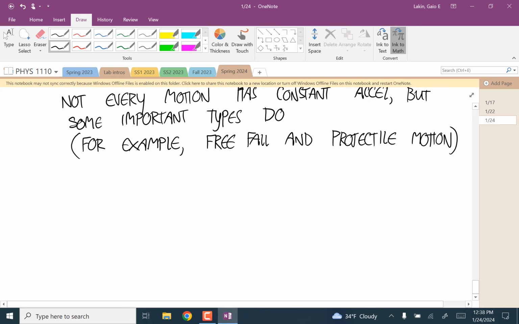Okay, so to define the constant acceleration equations, we're going to say P sub I and V sub I. Let P sub I and V sub I be the position and velocity when time is equal to 0.